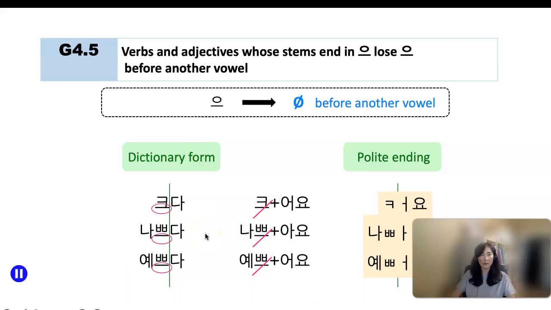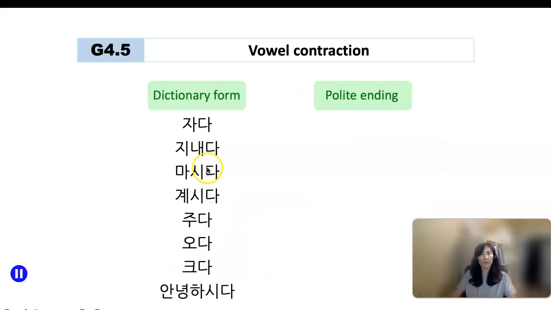So whenever you have a predicate whose stem ends in this kind of sound, you have to think about how to conjugate correctly. Okay, 자, let's practice. 자다. How do you conjugate 자다? Just remove 다 and attach 요 directly, 자요. And 지내다, if you have 에, same thing.